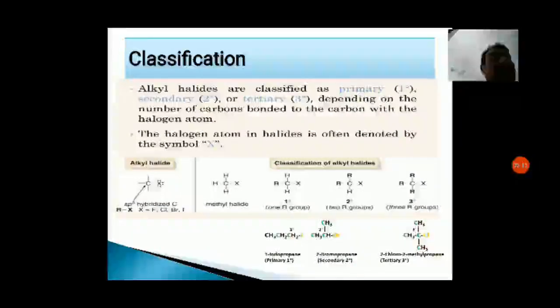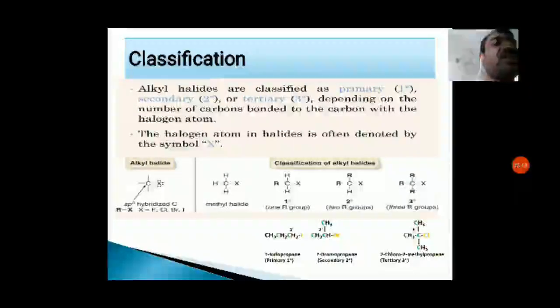Here this carbon atom, which is attached to 2 hydrogen atoms and 1 alkyl group, is called a primary carbon atom. And if the X is attached to such a primary carbon atom, it is called a primary alkyl halide. Now second example: there are 2 alkyl groups, that means another hydrogen atom is also substituted by R. So there are 2 alkyl groups and 1 hydrogen attached to the carbon atom.